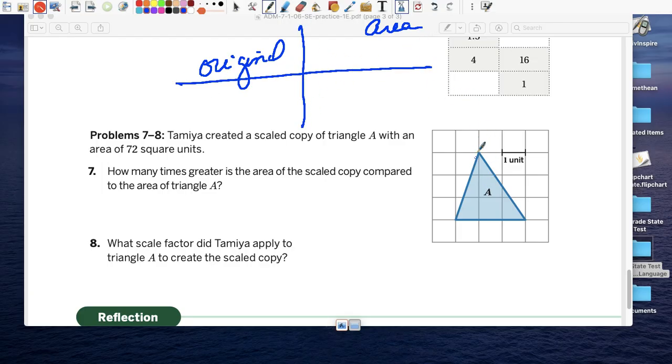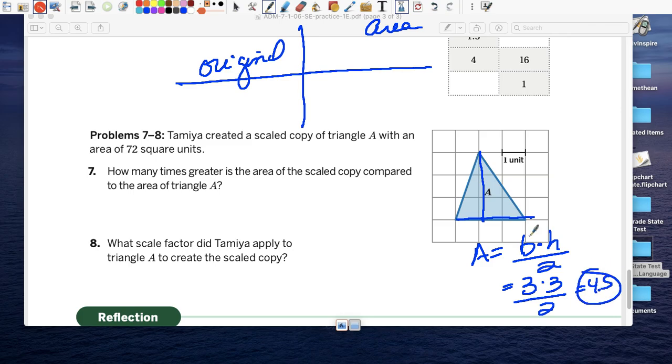Well, I hope you guys remember that the area of a triangle is base times height divided by 2. So this particular triangle has a base of 3. The height is also 3. And we divide by 2. So base times height is 9, divided by 2 is 4.5.